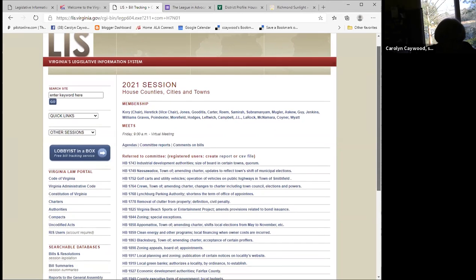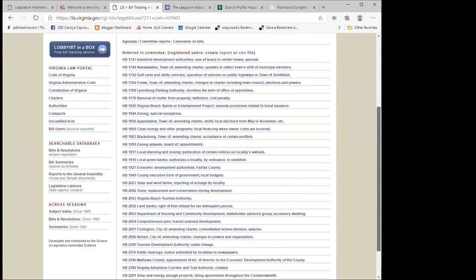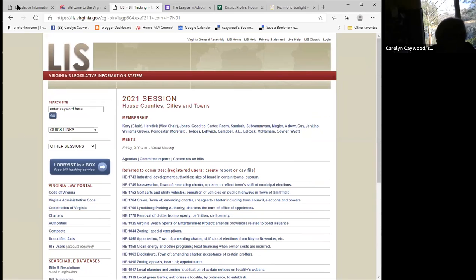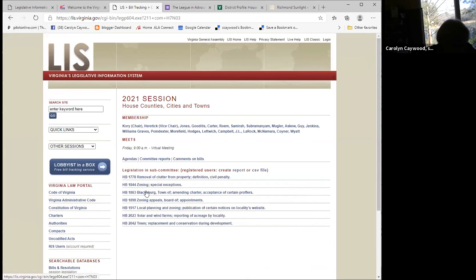So that bill ought to be in this list somewhere. And since I don't believe this committee has met yet, oh, they must have done enough to have referred things to a subcommittee.